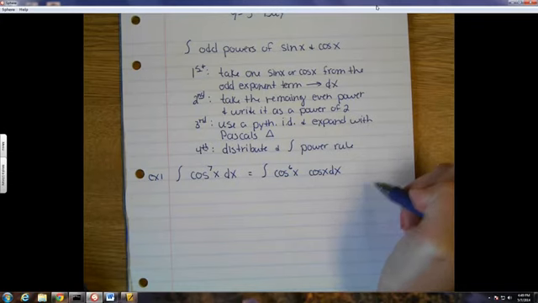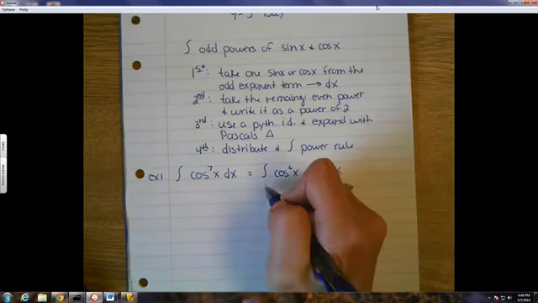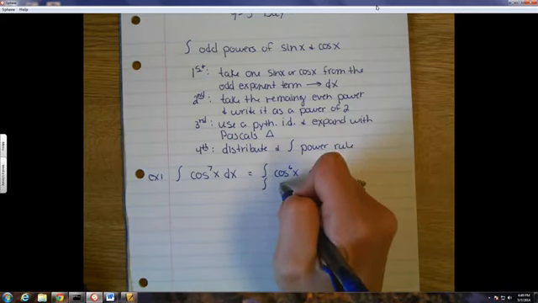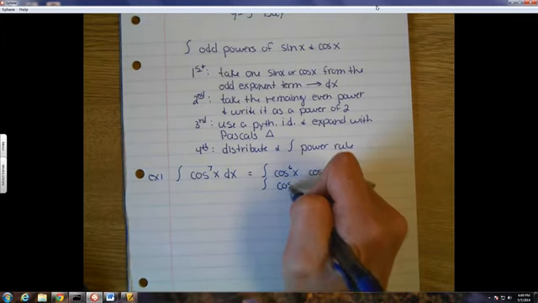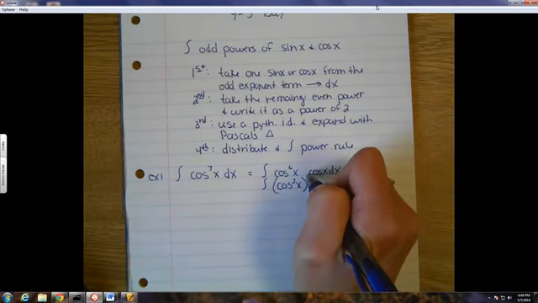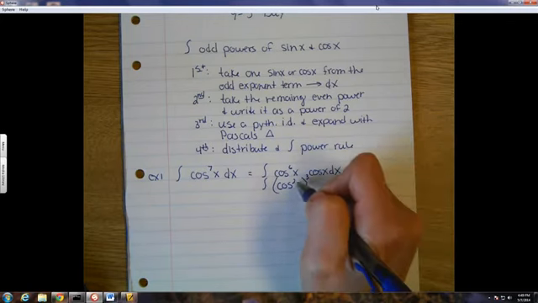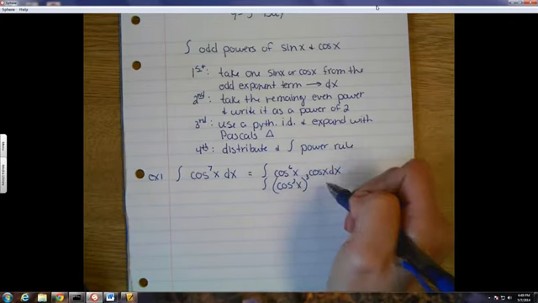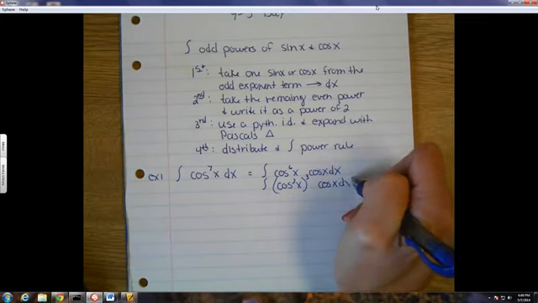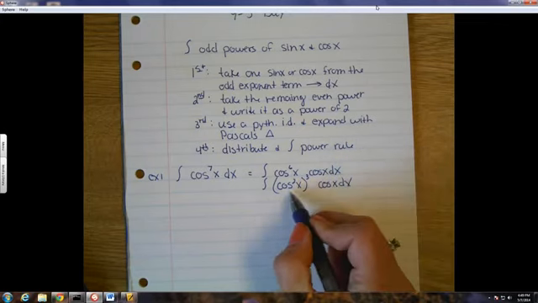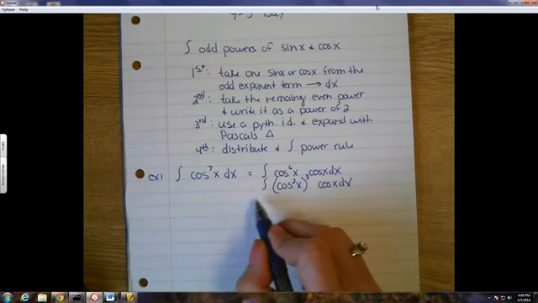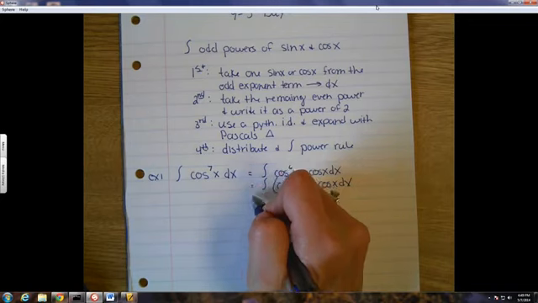Okay, take this remaining even power and write it as a power of 2. In other words, cosine to the 6th could be written as cosine squared raised to the 3rd power. Because remember, you'd multiply exponents here and you get 6. And then I still have my cosine x dx. And the reason I write it as cosine squared is now I can use my Pythagorean identity, sine squared plus cosine squared equals 1, and do the substitution.